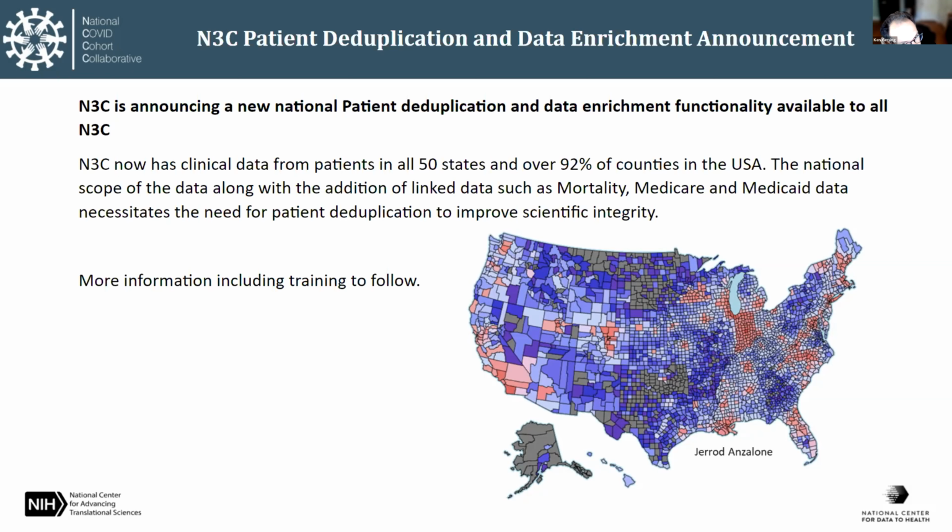The gray doesn't mean there are no patients, it means there's less than 20, and you can see it's heavily indicated in lower population areas.